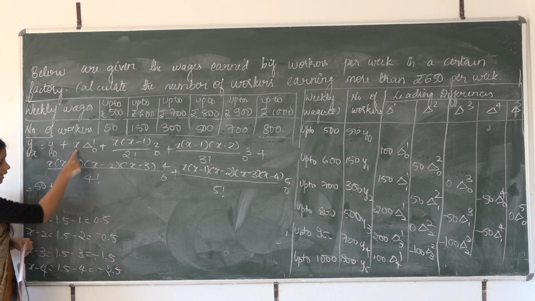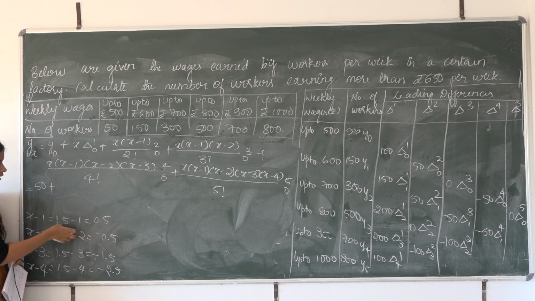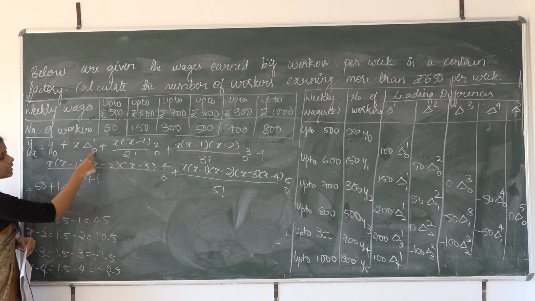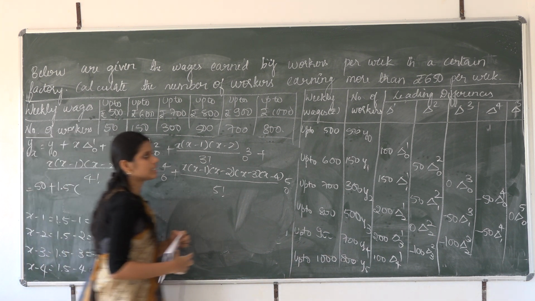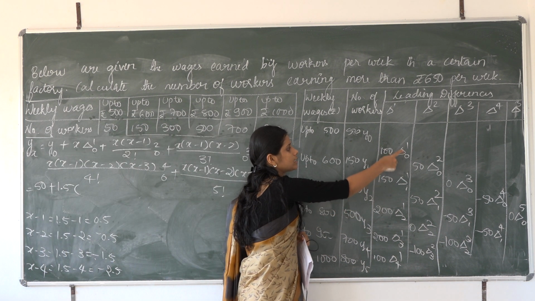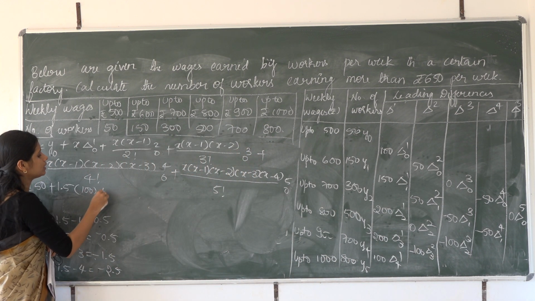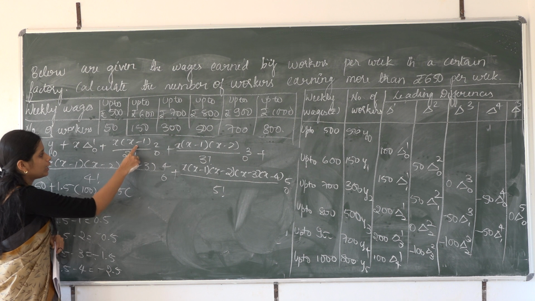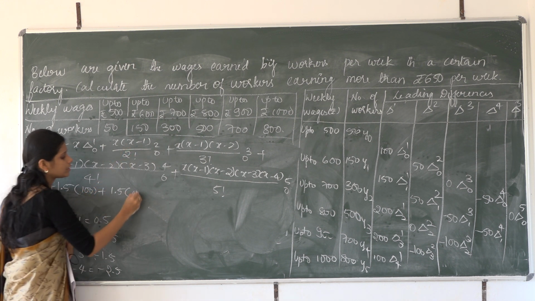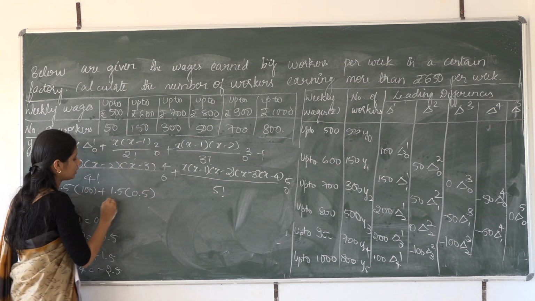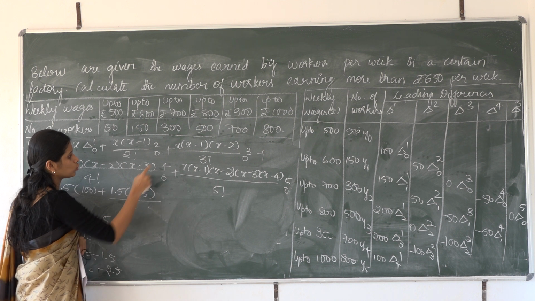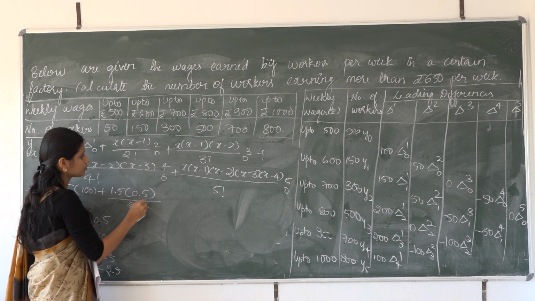50 plus x value just now we have calculated, it is 1.5. So 1.5 into delta 0 raised to 1, that is first differences of each column. Delta 0 raised to 1 is 100. So into 100 plus x value is 1.5 into x minus 1 value is 0.5 divided by 2 factorial is 2, delta 0 raised to 2.